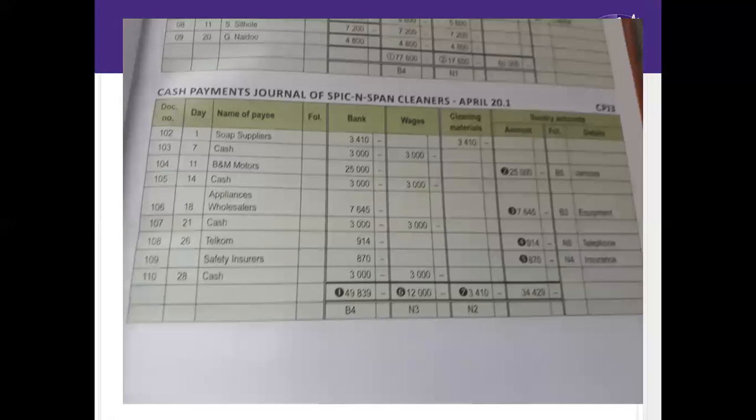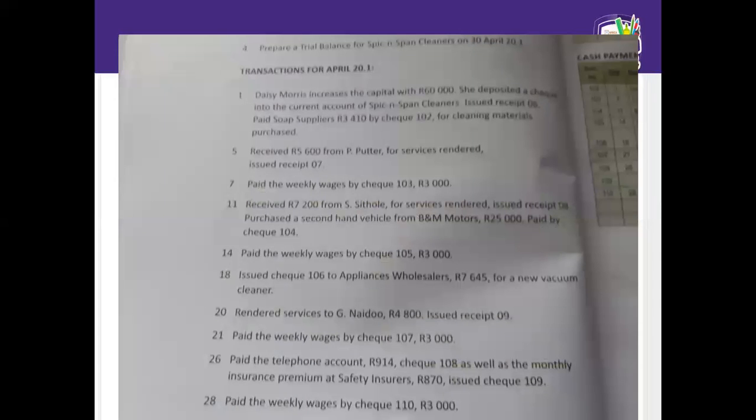It's document number, day, name of payee, or sometimes they will put the details. Again, don't worry about that small folio column: bank, wages, cleaning materials, and your sundry accounts. Okay, so the headings are there, that is sorted. Now we're going to move back to the transactions.